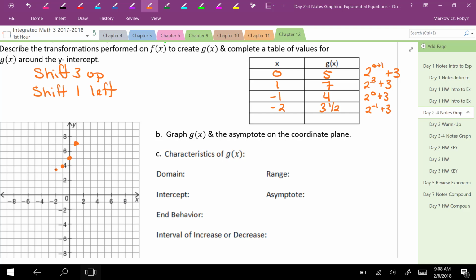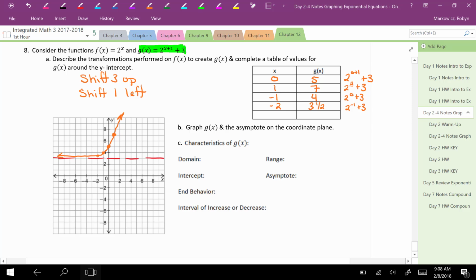Y equals 3. Because that is where we have our horizontal asymptote. So I would draw in a line so I know when I do this, I should not be passing that. Make sense? Yes? How are we doing with these? Good.